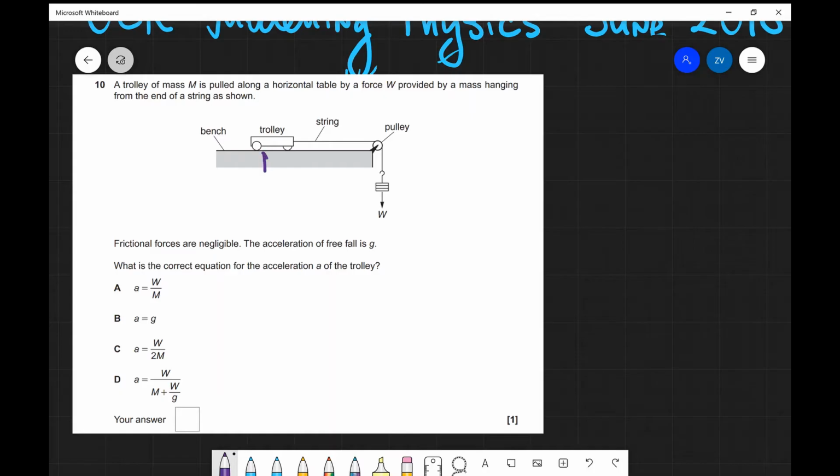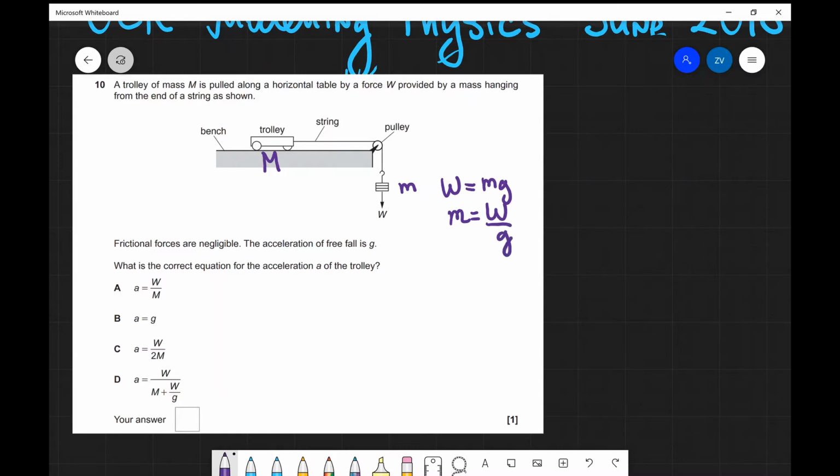So we have a trolley which has a mass M, and that's being pulled along by a weight W. Just for completeness, let's assume that the mass of this weight on the side, let's call that lowercase m, and we know that W is equal to mg, so we immediately know that this little mass is going to be W over g, like so.